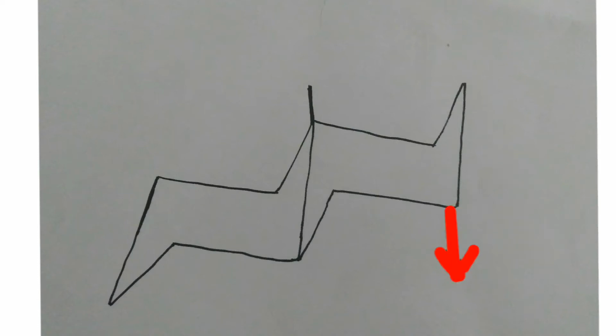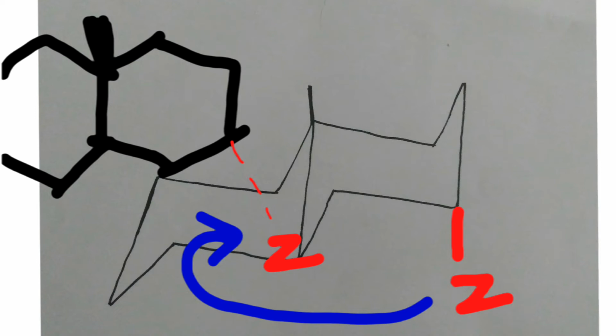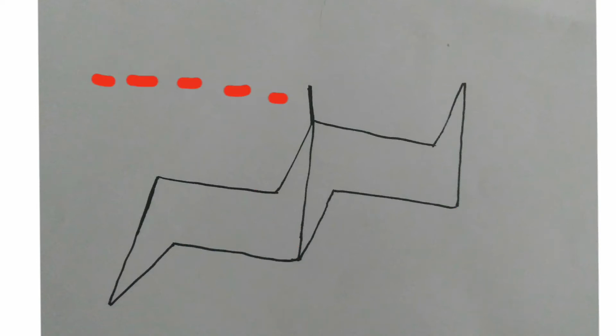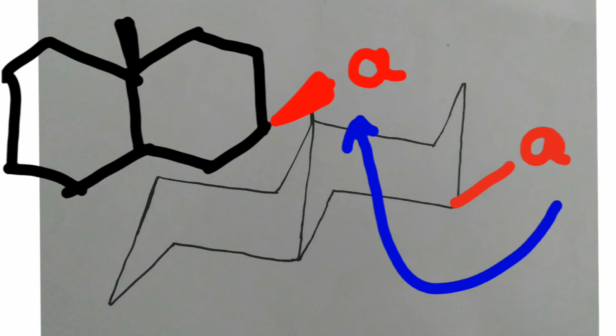Since the axial position is facing downwards, any substituent present over here will be shown as below the plane of the paper, and below the plane of the paper we show it with dotted lines. This equatorial bond is shown as above the plane of the paper since it is pointing upwards. So any substituent present here will be shown as above the plane of the paper.